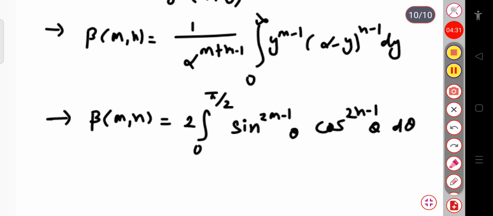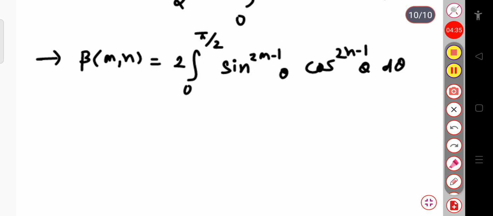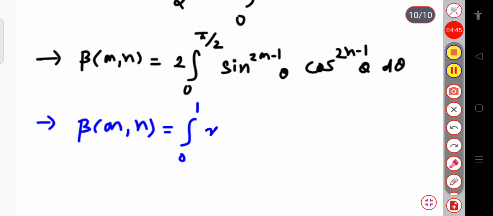But the common use of the beta function that we already use, in general, is beta m, n equal to the integration from 0 to 1 of x power m minus 1 into (1 minus x) power n minus 1 dx. This is your commonly used beta function.